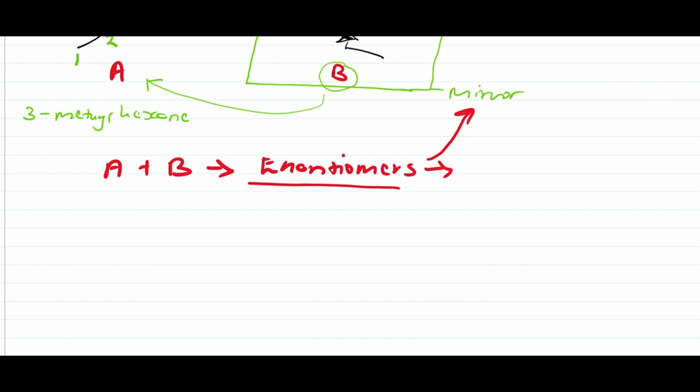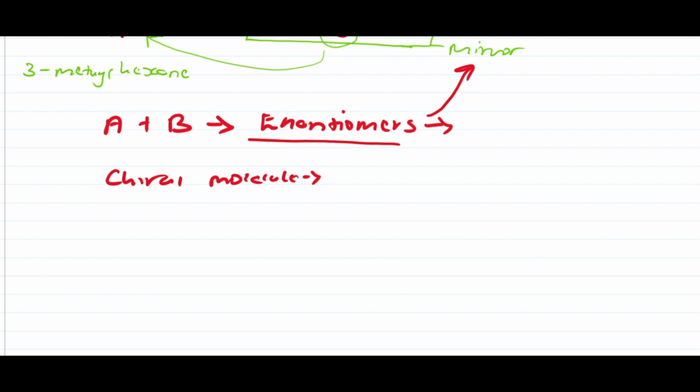A molecule with a chiral carbon is called a chiral molecule, and those molecules that don't have a chiral carbon are called achiral molecules.